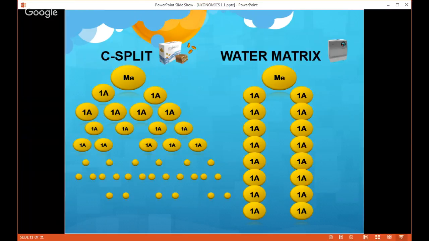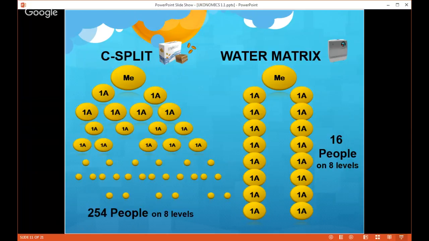Okay, the way the Curcumin split is, the whole idea is you bring in 2 new investors. You teach those investors to bring in 2 new investors, and so on and so forth, and you have a Curcumin split. All right. So in the water matrix, 8 levels down, you have 16 people total in your water matrix that you can get paid from.